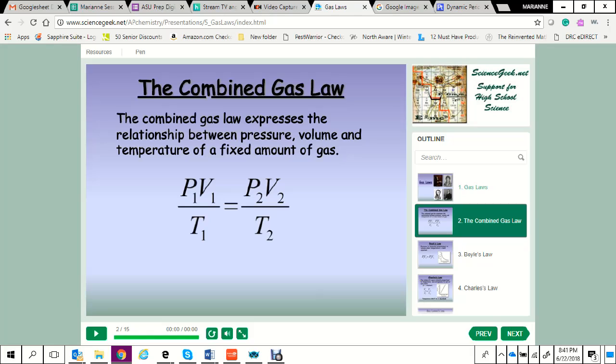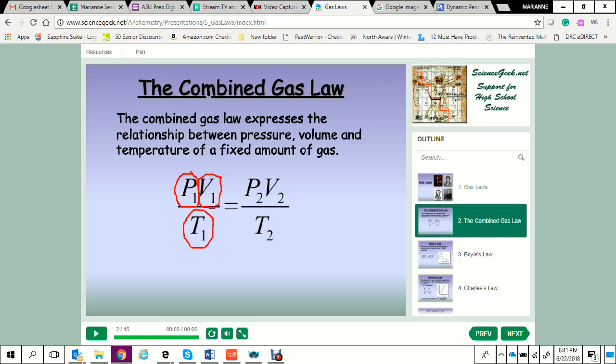All right, the variables in the combined gas laws are P1, which is the first pressure, the beginning pressure, V1, which is the beginning volume, and T1, which is the beginning temperature.